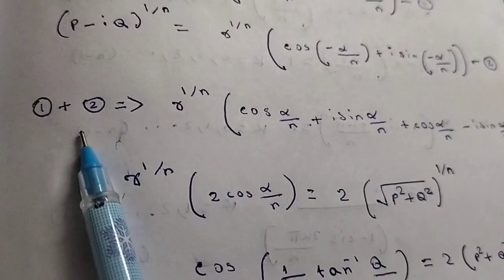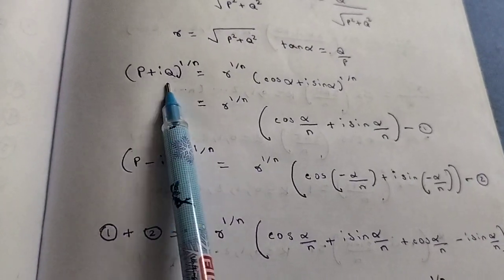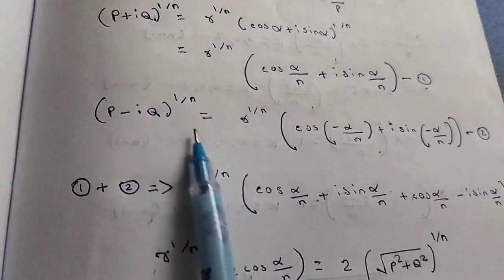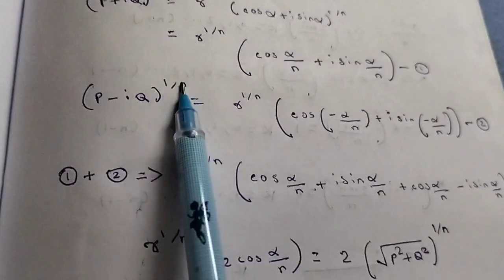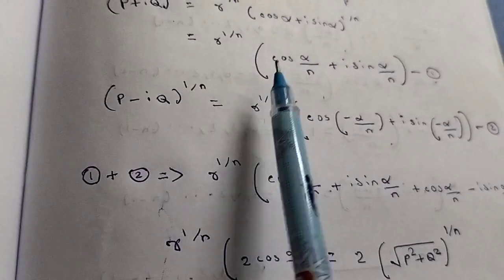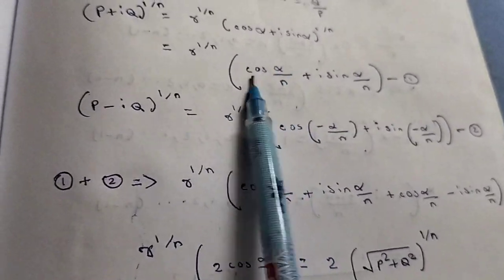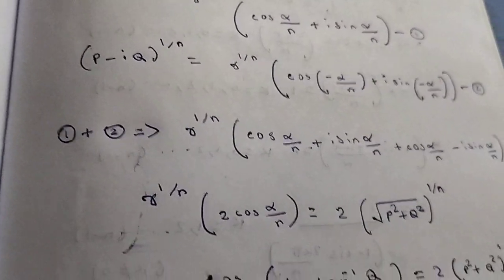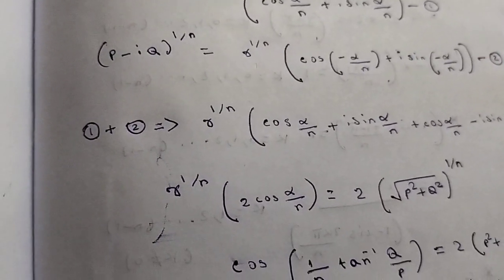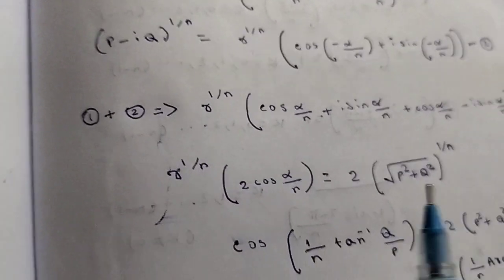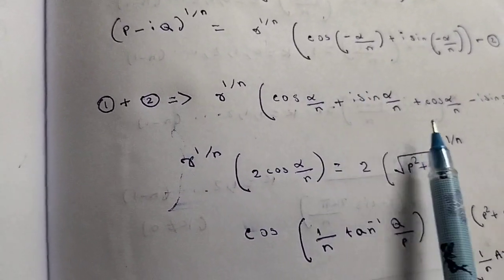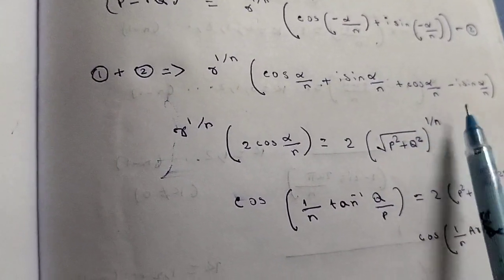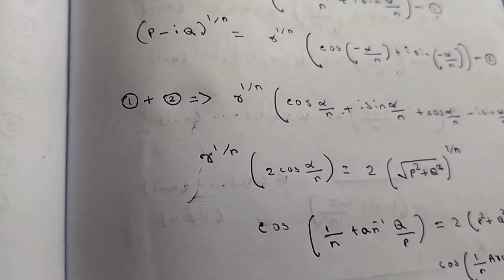If you add both equations, that is (p + iq)^(1/n) + (p - iq)^(1/n), you can take r to the power of 1/n as common, since it is there in both cases. I wrote cos(alpha/n) + i sin(alpha/n) here, and then cos(alpha/n) - i sin(alpha/n).